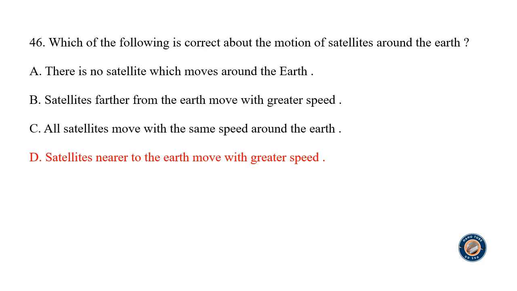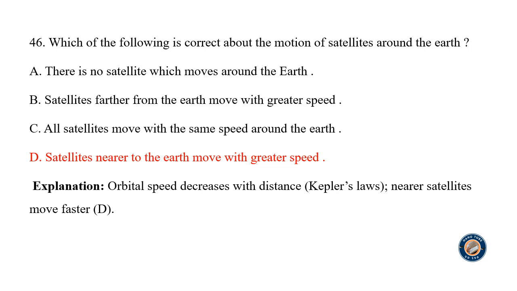The answer is satellites nearer to the Earth move with greater speed. Orbital speed decreases with distance, as Kepler's laws. Nearer satellites move faster.